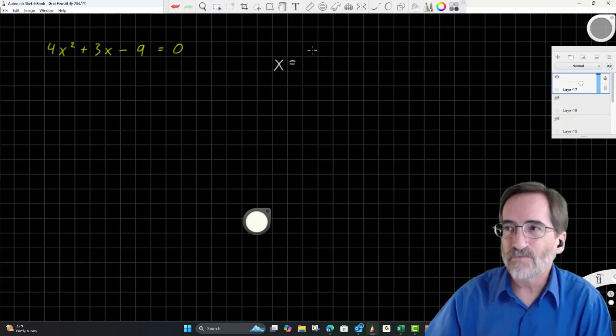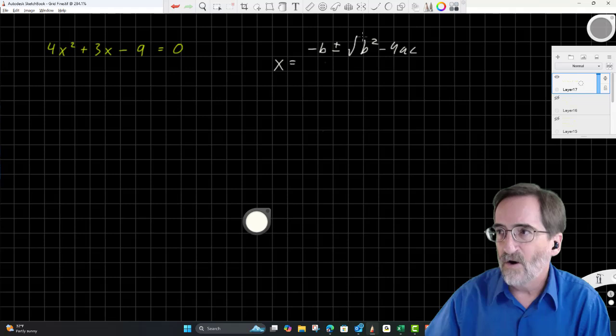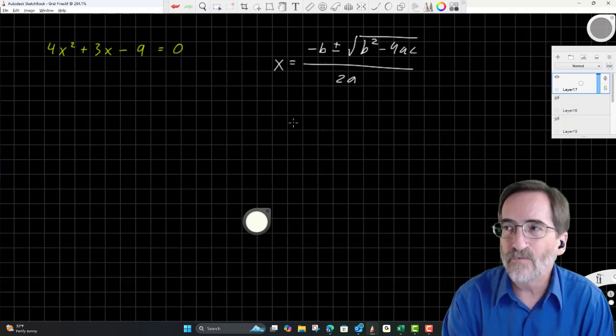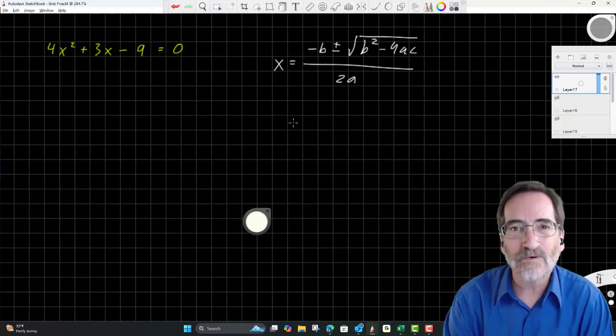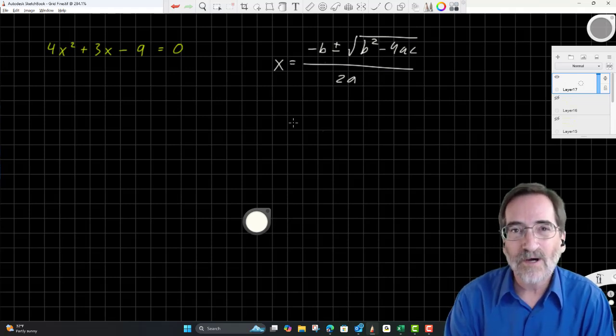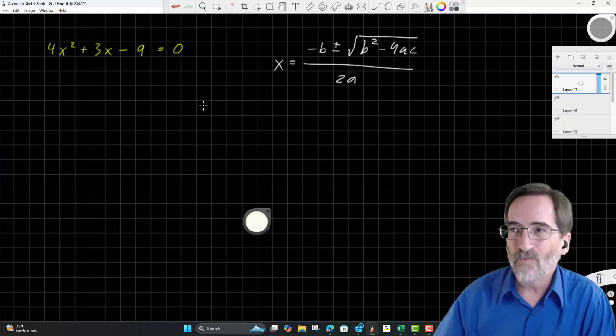There's kind of a rhythm to it. x equals negative b plus or minus square root b squared minus 4ac all over 2a. Repeat that about a dozen times until you can say it without looking, so that you can write it without looking.